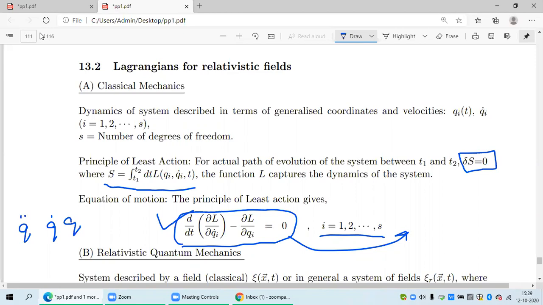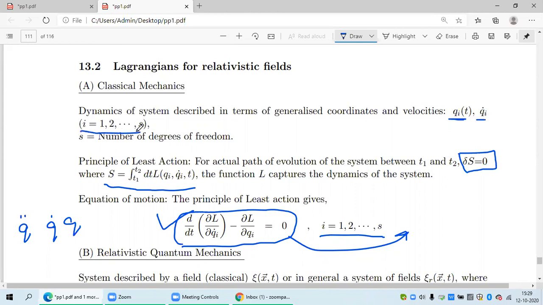But when you start formulating the Lagrangian dynamics, the Lagrangian formulation of classical mechanics, then at the very beginning, you assume that the configuration of the system is described by some generalized coordinates, which are functions of time. The configuration and the state of motion of the system together are described by the coordinates and the velocities.